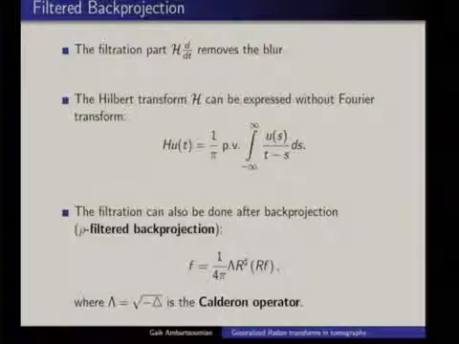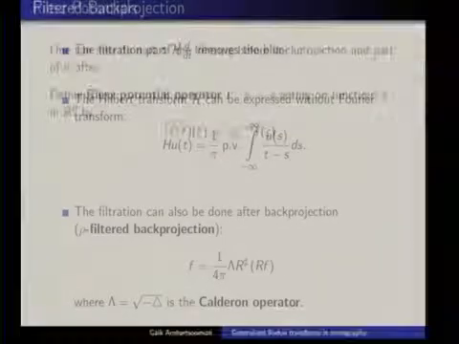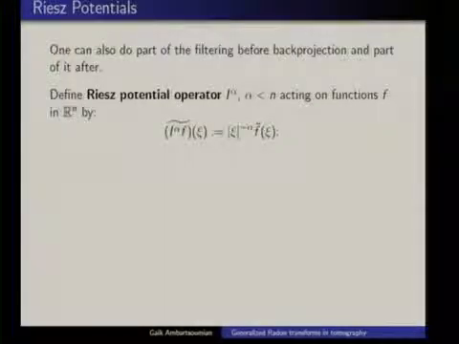And in fact, there is a whole family of filtering, and that family of filtering is done through this so-called Riesz potential operator, and this is exactly what we were just discussing. So you do the Fourier transform, in the Fourier domain you multiply by a certain degree of your frequency variable, and then you do the inverse Fourier transform.